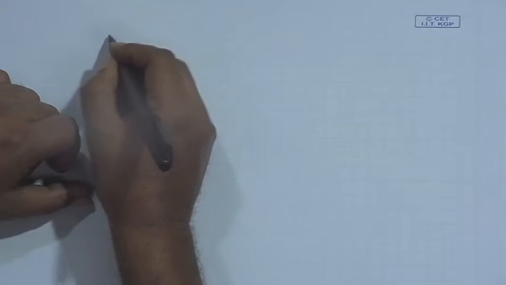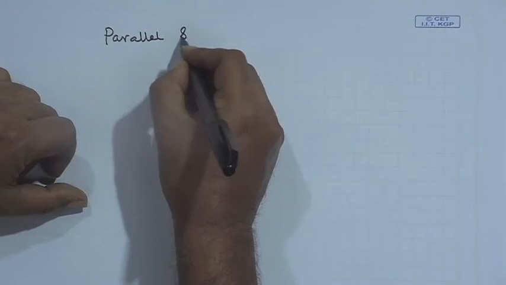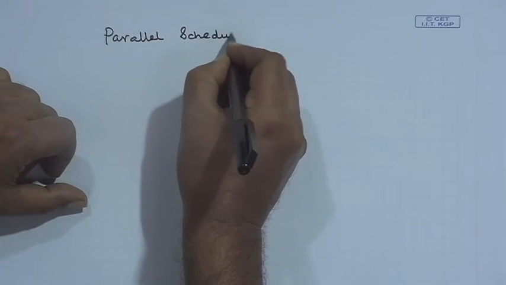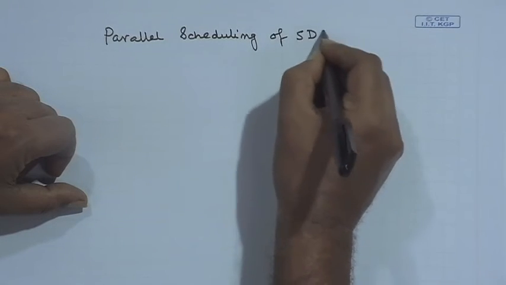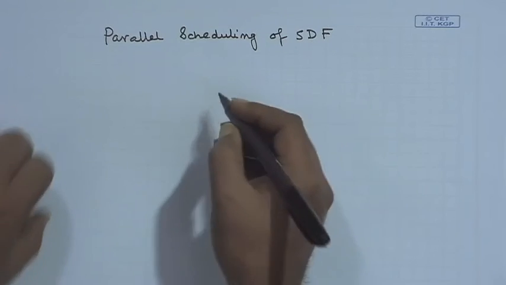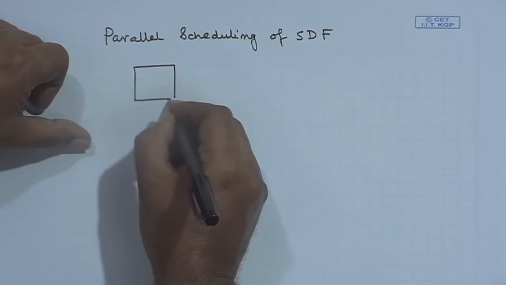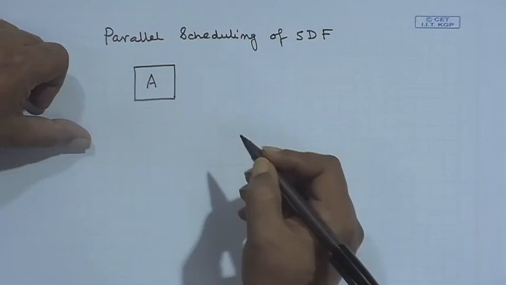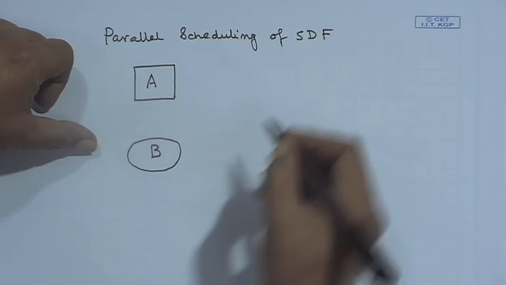So, lastly I will conclude SDF with an example of the possibility of parallel scheduling in SDF models. Say for example, I have got a task A, all right. I have got another task B, I am denoting in different shapes.